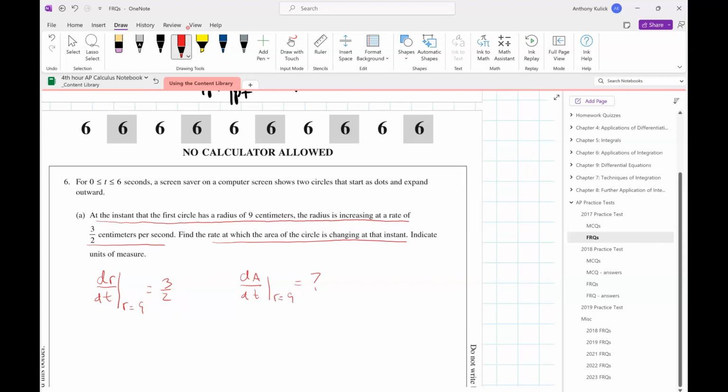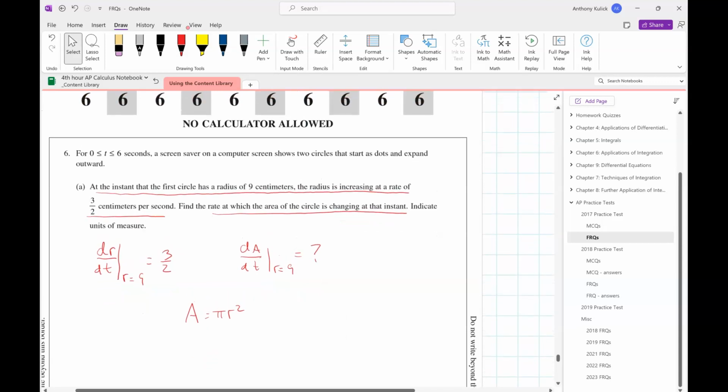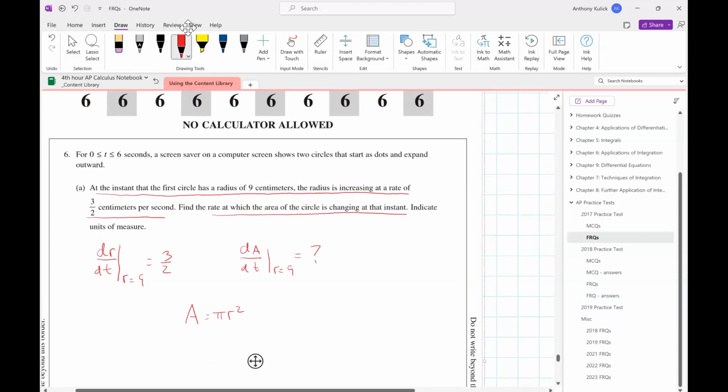So we need an equation that relates radius and area for a circle. What is that equation? Area equals pi r squared. Now, if I take the derivative with respect to t of both sides, what does A become? dA dt. What does pi r squared become?